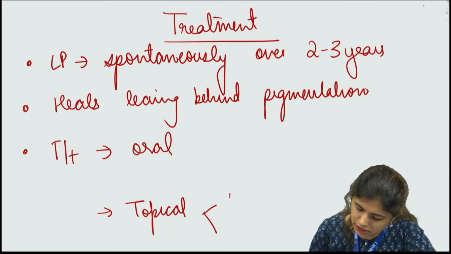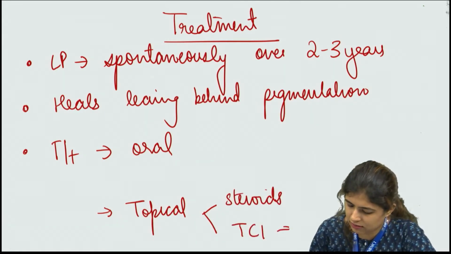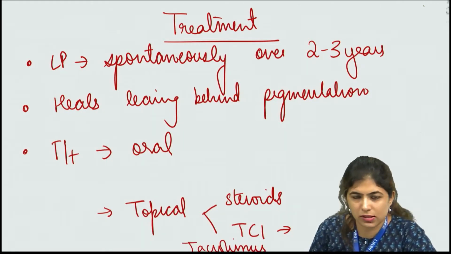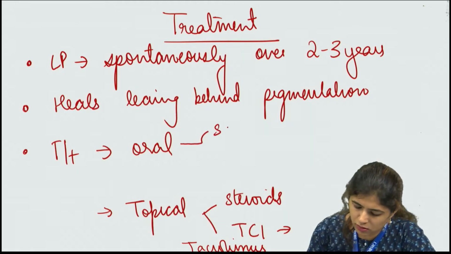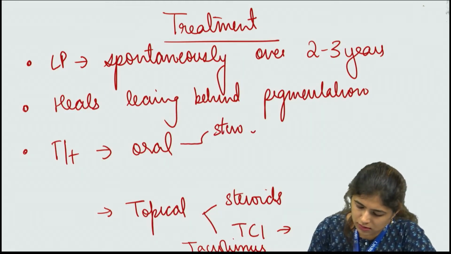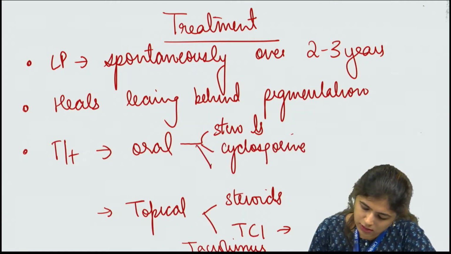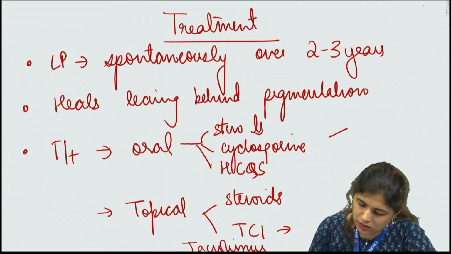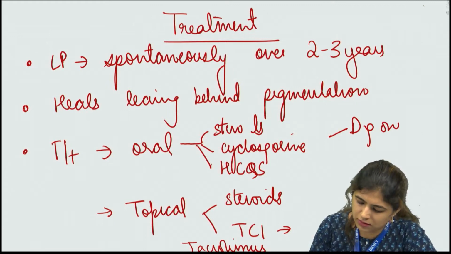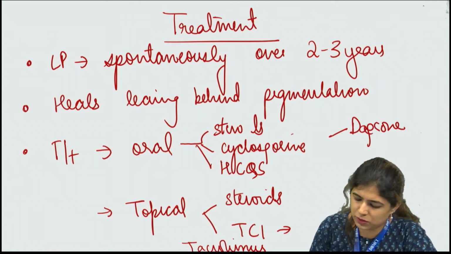In topical, you generally have topical steroids and TCI, which is topical calcineurin inhibitors, like tacrolimus. In the oral, you have oral steroids, and you have cyclosporin, you have hydroxychloroquine, and you have dapsone.